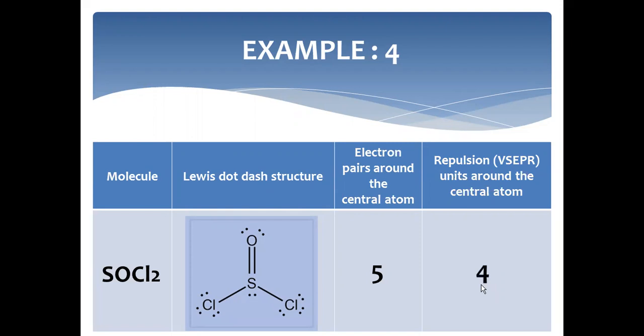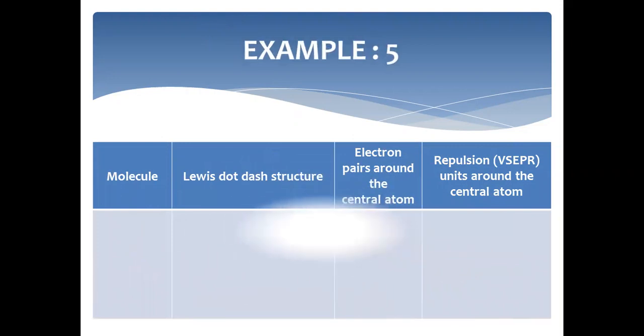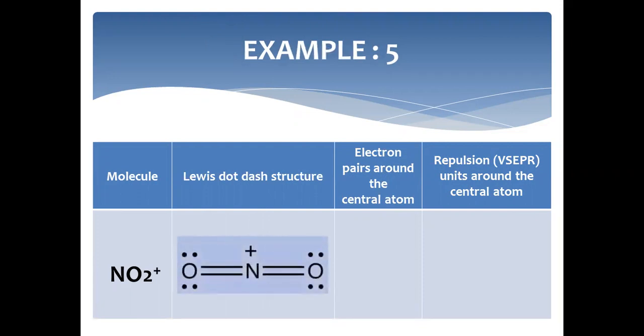Finally, we will go for the final example, the molecule NO2 plus. Here I'm speaking about the ion. Again, you should be able to draw the Lewis structure. Now you have the positive charge on the nitrogen. Let's check the electron pairs around the central atom.